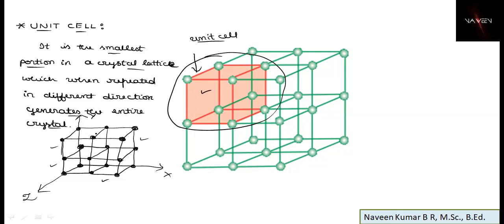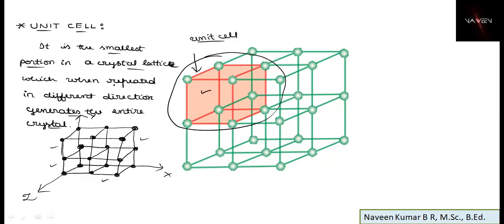So how I have shown like this. If you keep on repeating in several directions, the entire crystal will be generated. Such a smallest portion which has the ability to build a crystal, if we repeat in several directions, is called a unit cell. So that is our main concept in understanding the structure. If we know what the unit cell is and what the characteristics of the unit cell are, it is easy for us to learn the solid structures in a very easy manner.